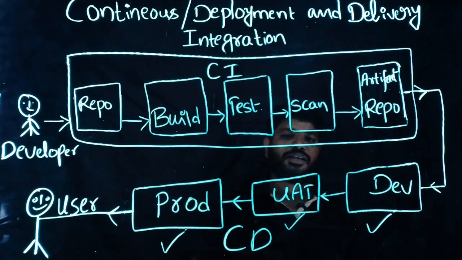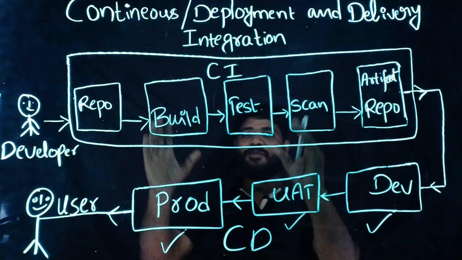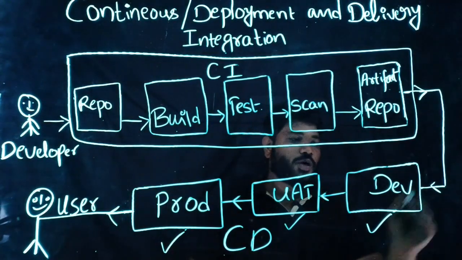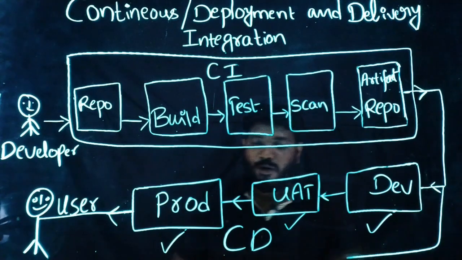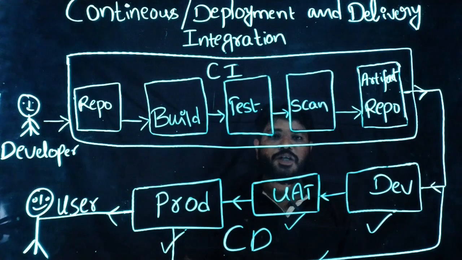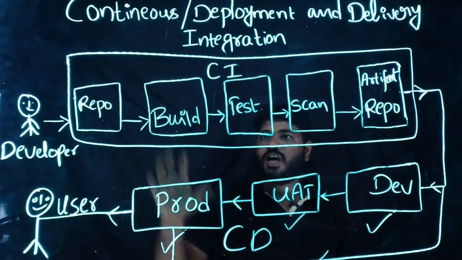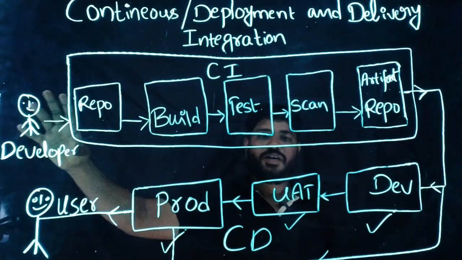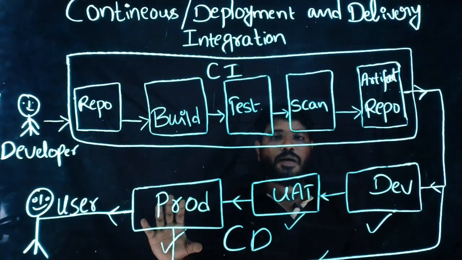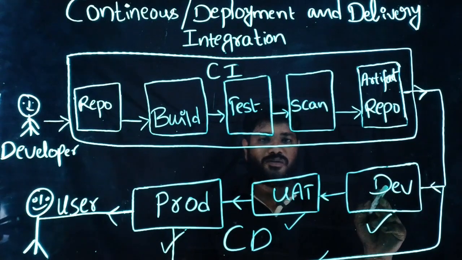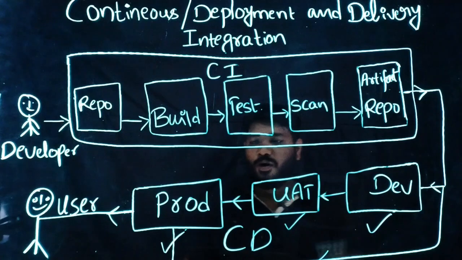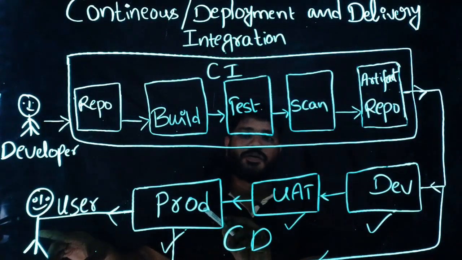So what about continuous delivery? The CI part is the same for continuous delivery and deployment, but in continuous delivery, you are going to deploy directly into the production environment. The stages we discussed for CI are the same, but you're not going to pass through the development environment first, or the testing environment, because you're directly deploying into the production environment, which is available for the user.